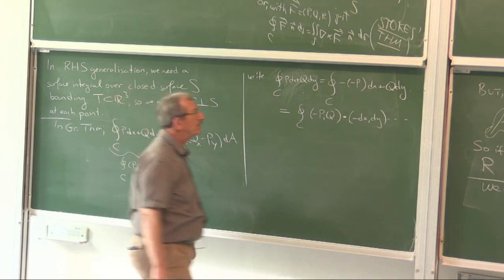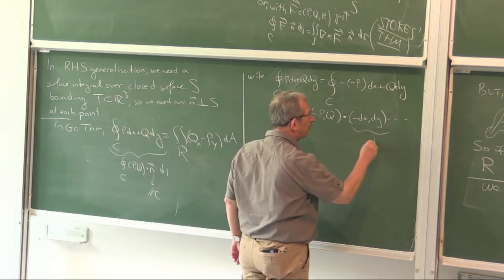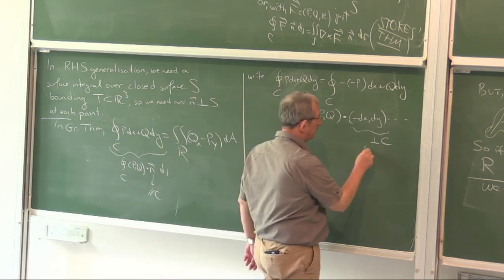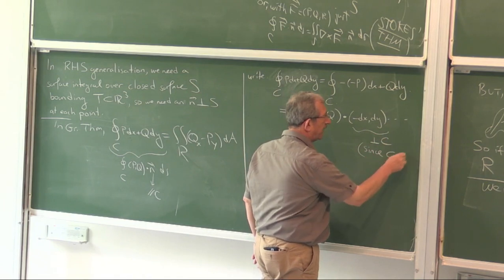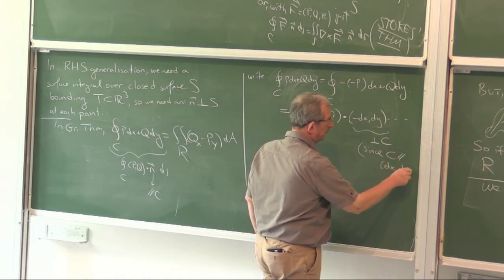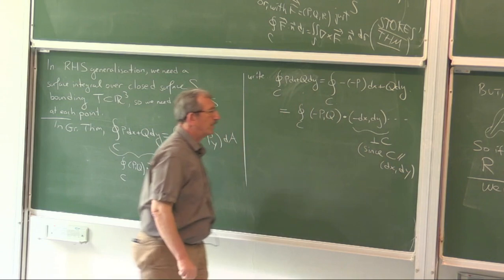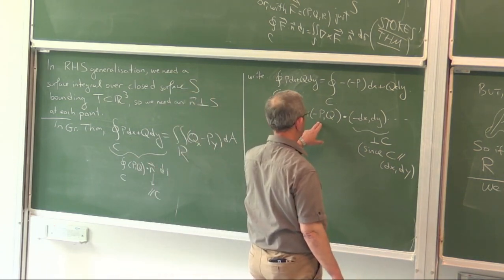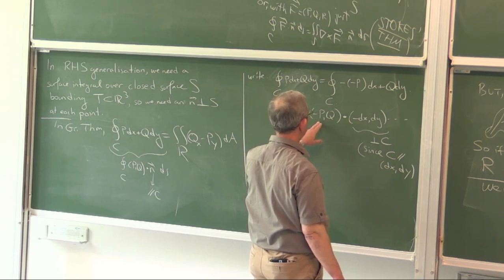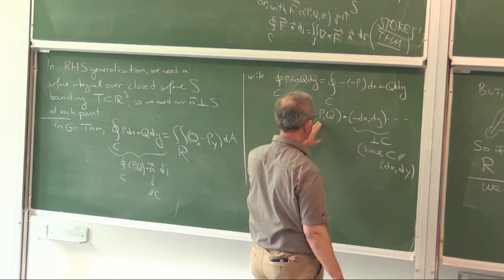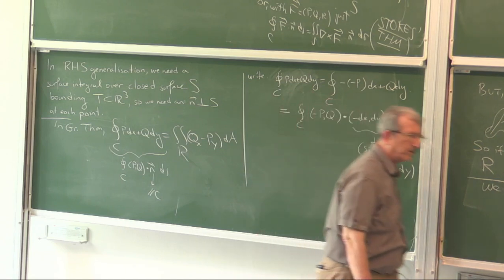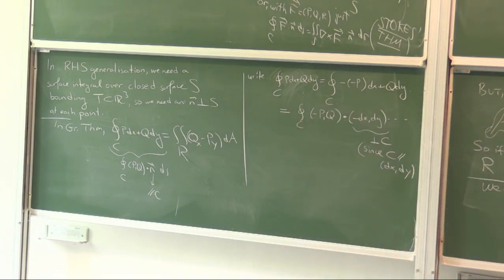Now, what's the point? Well, now this is perpendicular to C, clearly, because C is parallel to dx dy. So if you take the dot product, no, something is wrong. In the dot product, I have P dx, that's right. I have dy. No, I have to write Q minus P. Let me check in a minute.